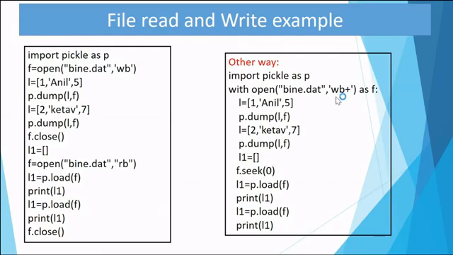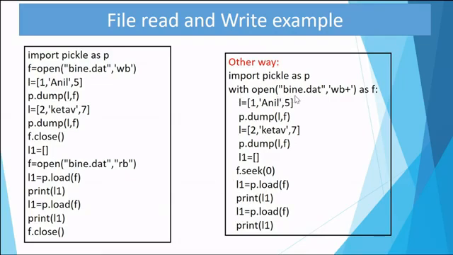It means I am going to write as well as read, so I have written the plus sign. B is for binary, and as F. So instead of writing F is equal to open, you can use the with keyword: with open as F. It ends with a colon, and since it is a block statement, all the statements inside it have to be indented. You can see I have indented all of them inside.